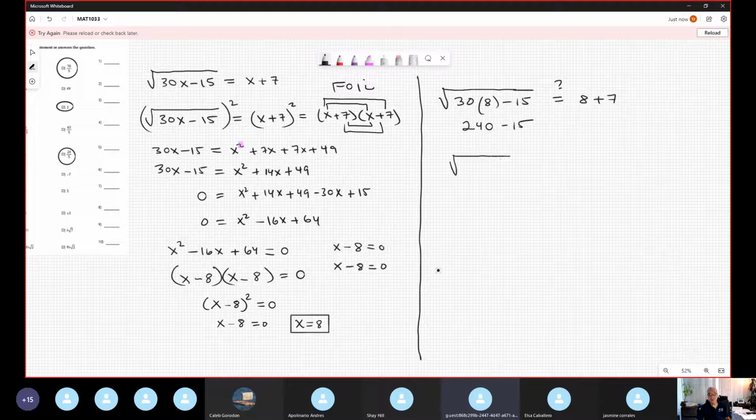So far, on the left-hand side, we have the square root of 225. On the right-hand side, we have 8 plus 7, which gets 15. You compute the square root in the calculator, or you know it by memory, no? Get 15. 15 equals 15. Cool. Okay, this is a confirmation that this solution is okay.